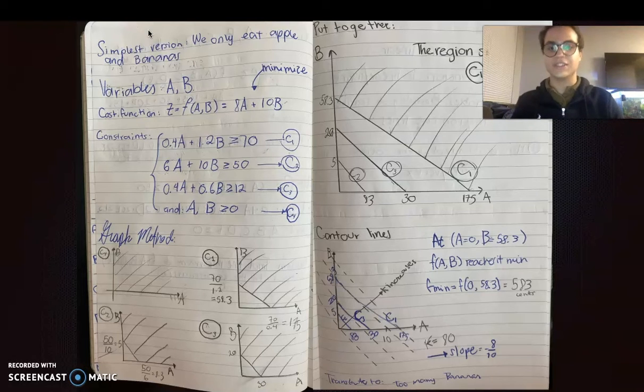Same thing goes for C2, same thing goes for C3. What we have done here is take the 70 and divide it by the value of A in the constraints, and that's how we get the value of M. That helps us understand the graph more, and how this linear program is affected by this change, and whether it will work or not.